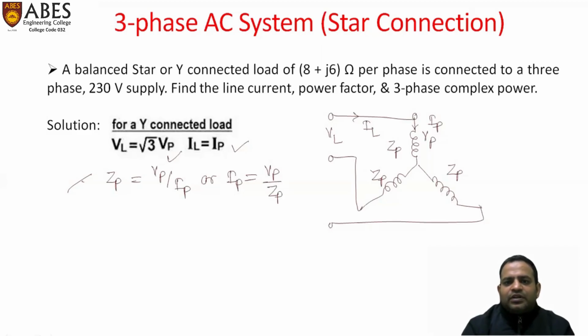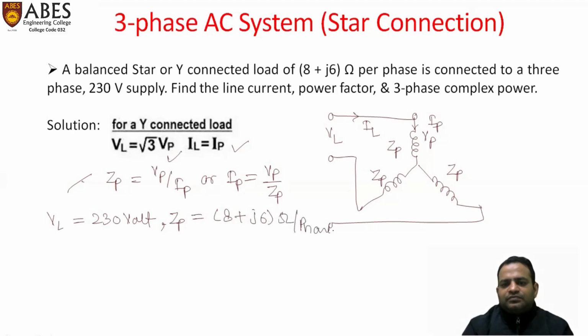So this 230 volt is the given line voltage, and ZP is given, that is 8 plus J6 ohm per phase. So here 8 is RP, resistance of this phase coil, and 6 is XP, reactance of this same coil.